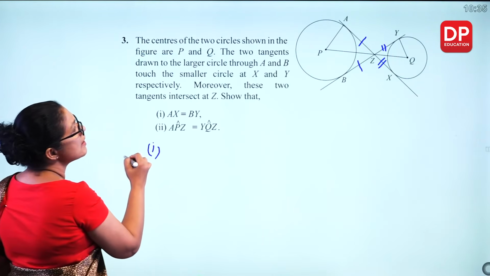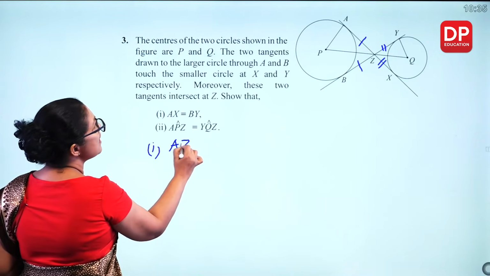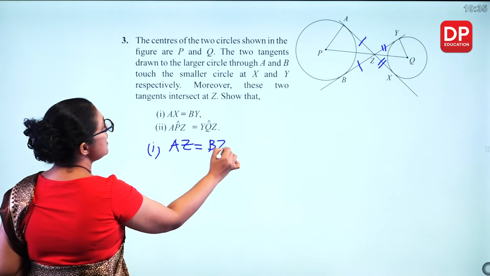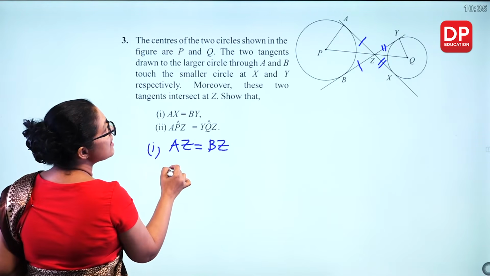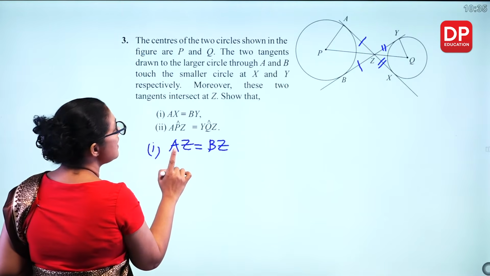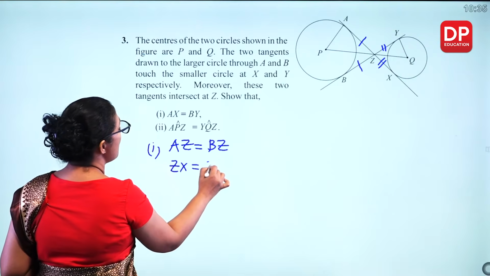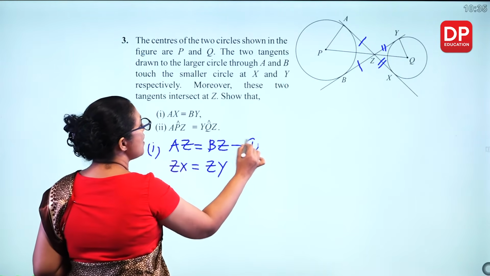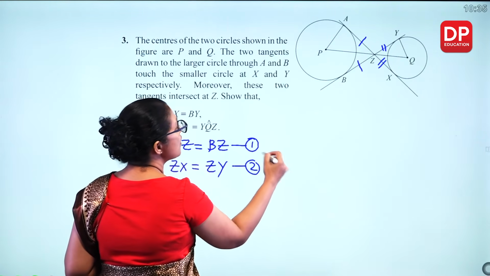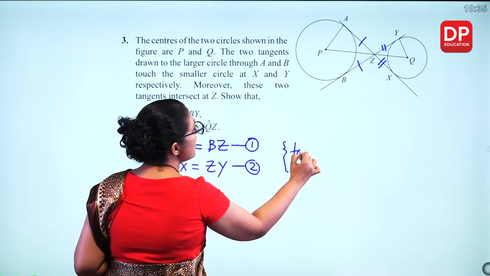So we'll do that. AZ is equal to BZ and CX is equal to CY. Take this one, this is 2, this is because tangents are equal.